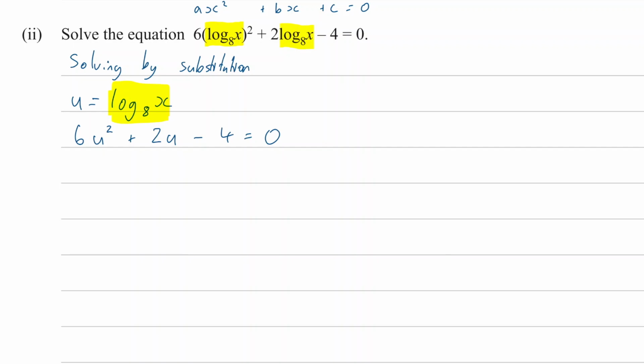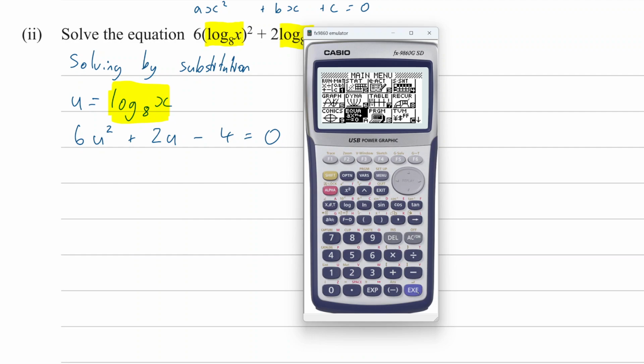So menu, equate for equation solver. The reason I'm doing it on my calculator instead of by hand is that this question isn't specifically testing your quadratic solving ability. We've done the key step of using substitution, so this will just save us a minute or two.